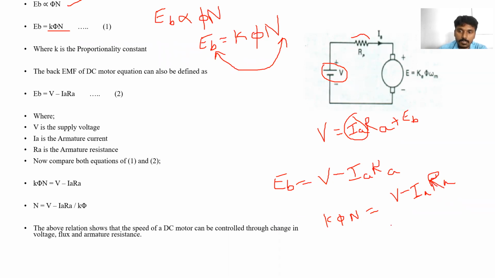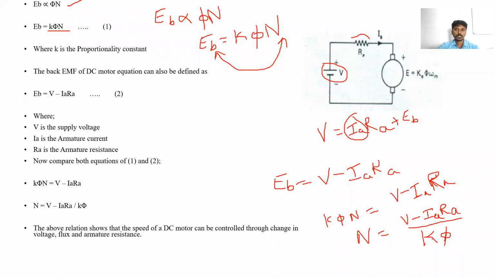Clear? So N is equal to V minus IA RA upon K phi. Can we write like this?